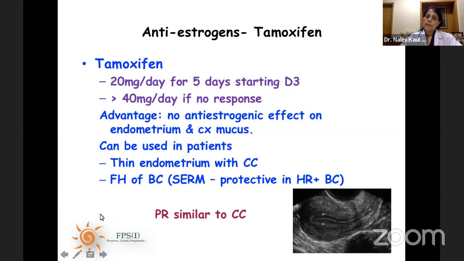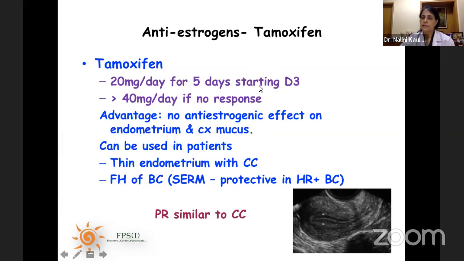In patients who have thin endometrium on clomiphene, but who are ovulating well, you can try tamoxifen, which is given at 20 milligrams per day for 5 days, starting from day 3. You can go up to 40. It gives you a beautiful endometrial lining, very nice ovulation. And in fact, personally, I prefer it over clomiphene.